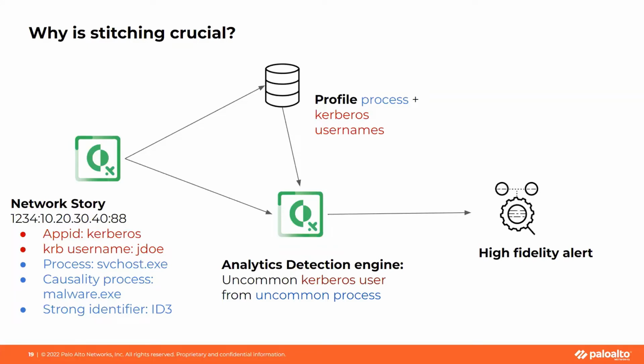Then, when a future event arrives, we join the event with this profile, and then we create a high fidelity analytics alert. This can be done because we learn both on the events and detect based on stitch data. So this requires that the stitching arrives at a very early stage. Otherwise, the learning mechanism, the profiles and the roles can't learn from the complete story.